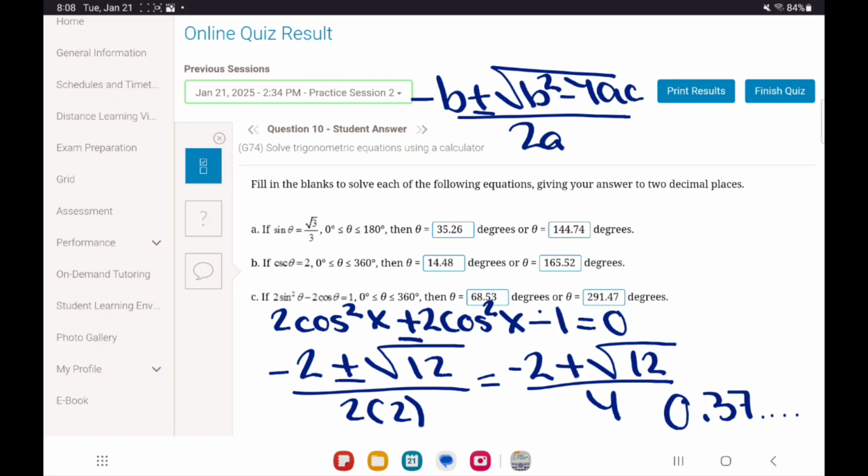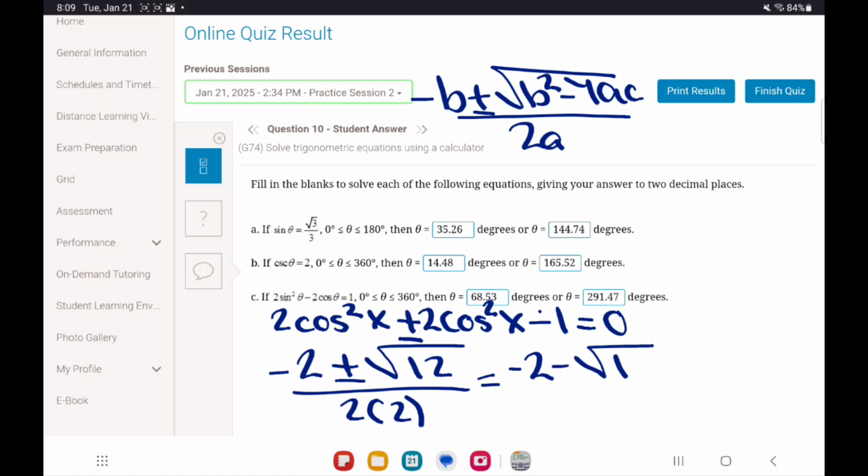Let's try negative. So minus 2 minus radical 12 over 4, we get negative 1.36, and you can't have a root being less than 0.